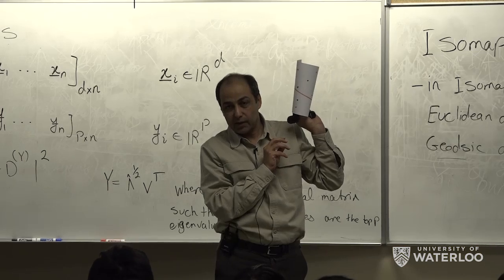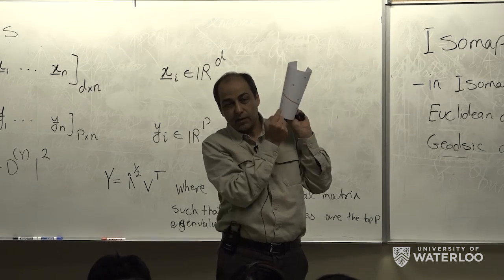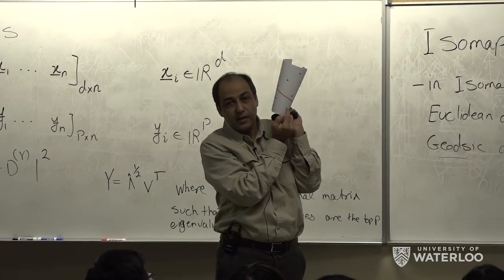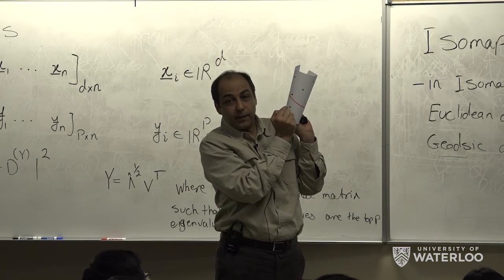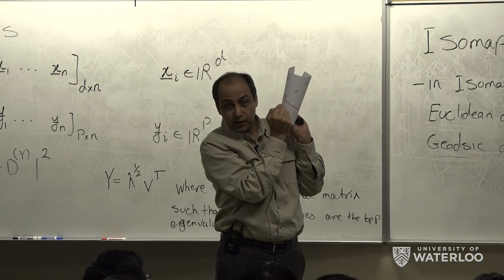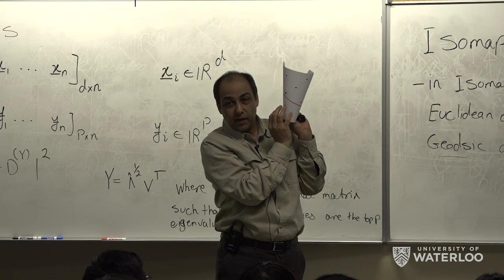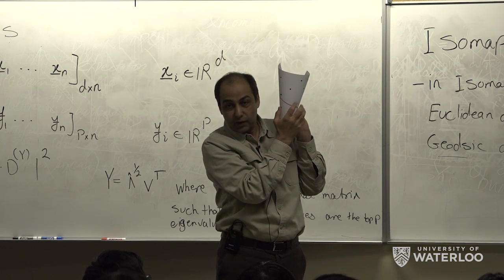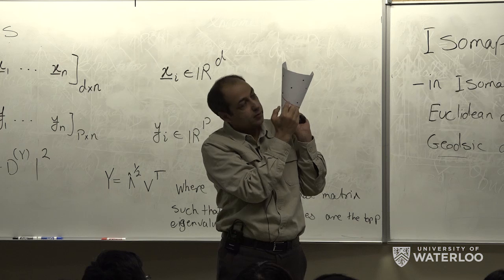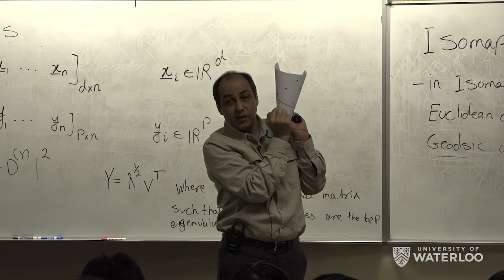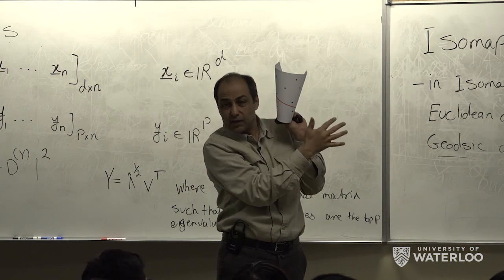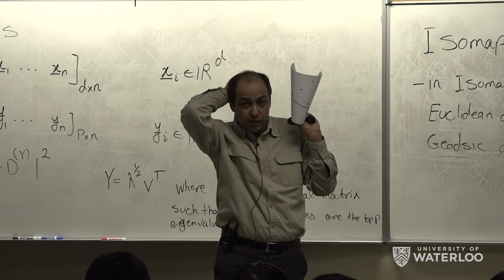It's not convex in the sense that if you draw a line from one point to another point, if it is convex, the line should be on the manifold. But if there's a hole, then there are cases where you draw a line and the line is not on the manifold. In this case, Isomap is not going to do a good job.